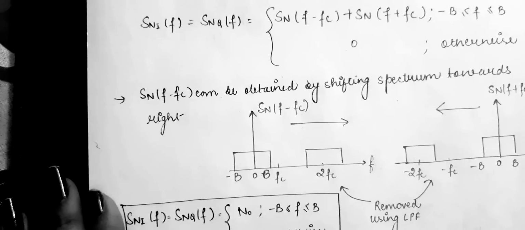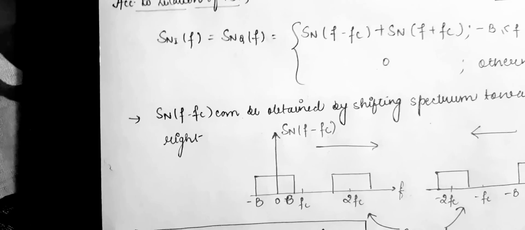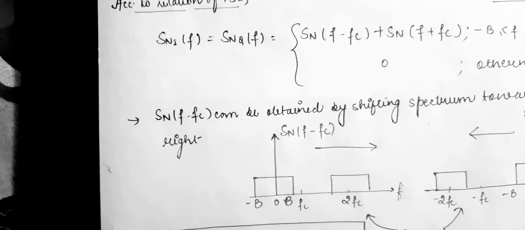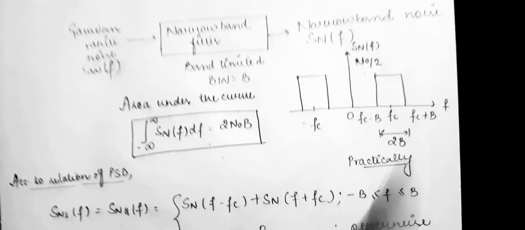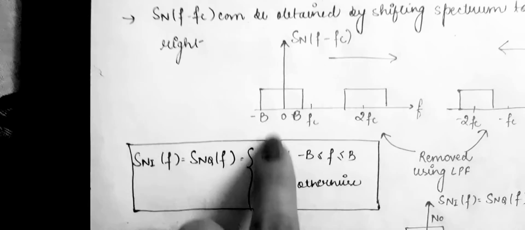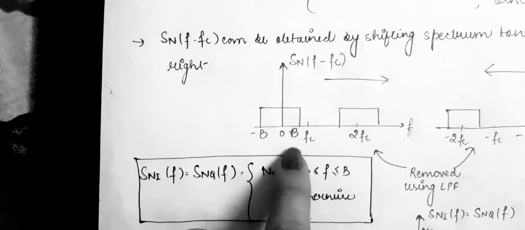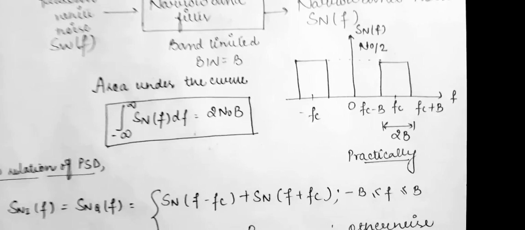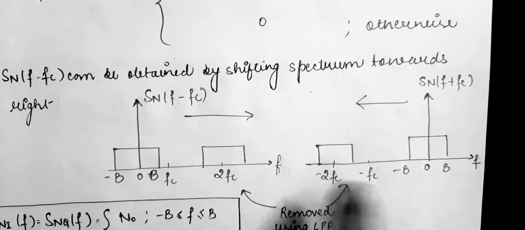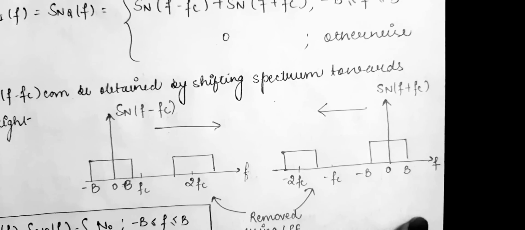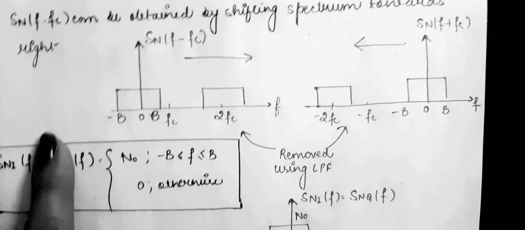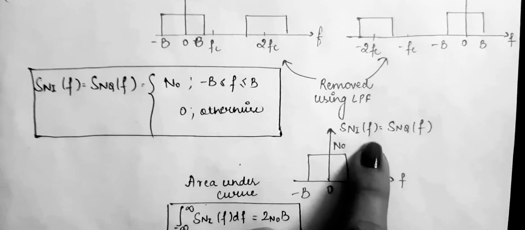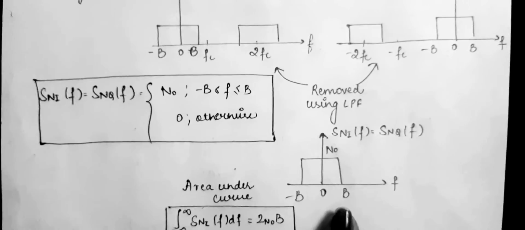Now S_N(f minus f_c) can be obtained by shifting the spectrum towards the right, so we get twice f_c here, with band from minus B to B. Similarly, S_N(f plus f_c) can be obtained by shifting the spectrum towards the left, so here it will be minus twice f_c, with the band limited from B to minus B. After adding, we get S_NI(f) equals S_NQ(f), that is both are identical.